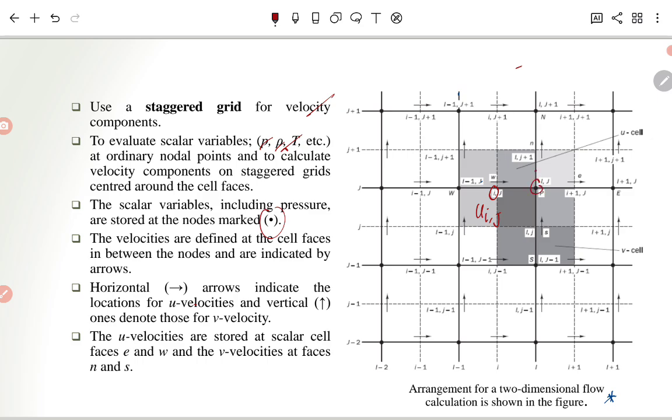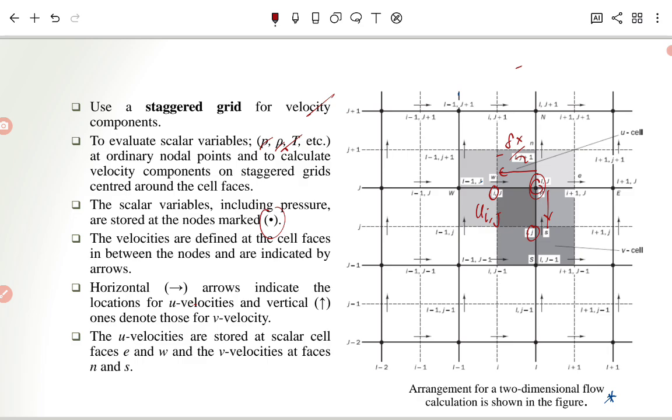So this is the backward staggered grid I use. Similarly in the y direction, the lowercase j is backward from the center.